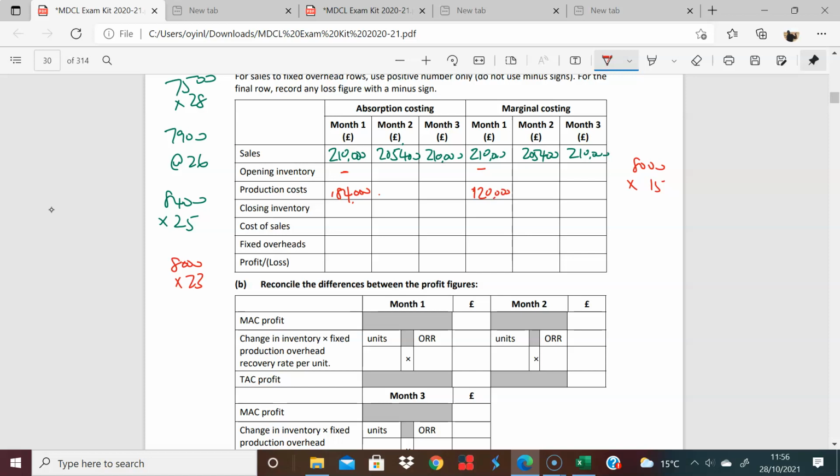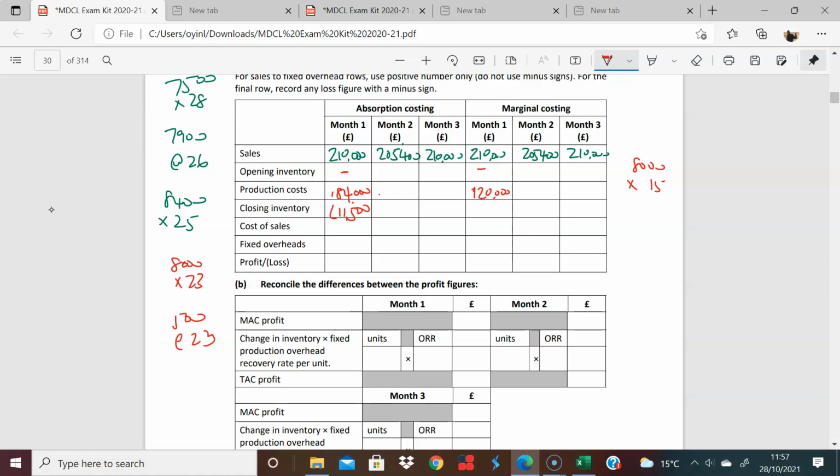Now it tells me clearly that you sold 7,500. So if you produced this, you must have had closing inventory of 500 at £23. This is what you had, right? 500 times 23 is 11,500.